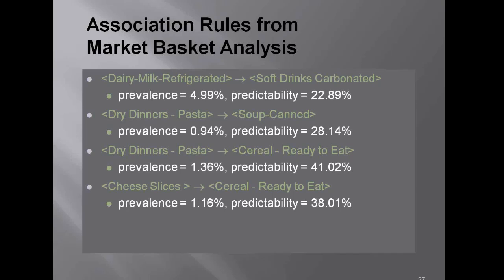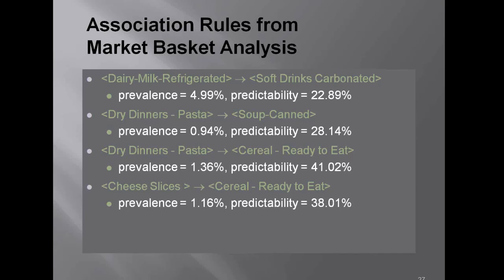Again, we're just going to use these numbers for example's sake. Same with, let's say, if we have a pasta for dinner. How prevalent is it that we'll also have canned soup, and how predictable is it that we'll have canned soup?